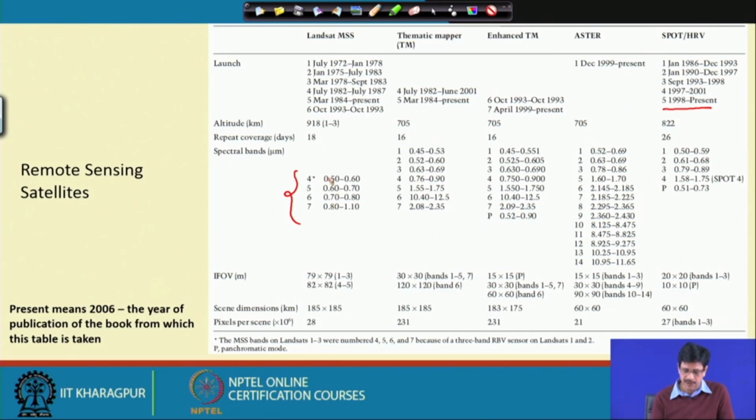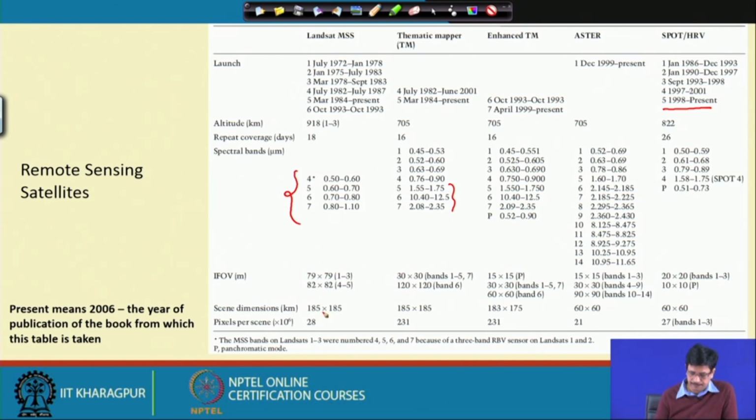So, mostly in the visible range, as you could see, and the thematic mapper had bands, some of them close to that of the multispectral scanner, but had other spectral bands in the longer infrared range, which was designed for a better study of the earth materials, where spectrometry in this infrared range could give much better information as far as the features associated with mineralization are concerned, which we will be seeing in a short while.